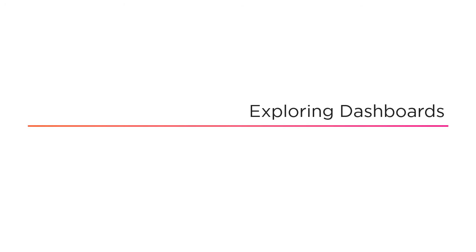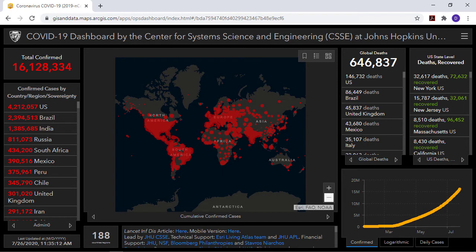Let's take a look at some common COVID-19 data visualizations, and you'll see what I mean. The COVID-19 dashboard by the Center for Systems, Science, and Engineering at Johns Hopkins University is one of the earliest and still most popular data visualizations of the virus spread. What stories does it tell?